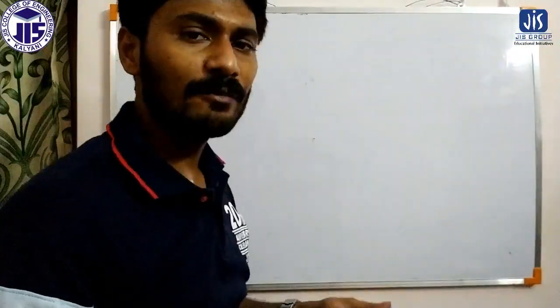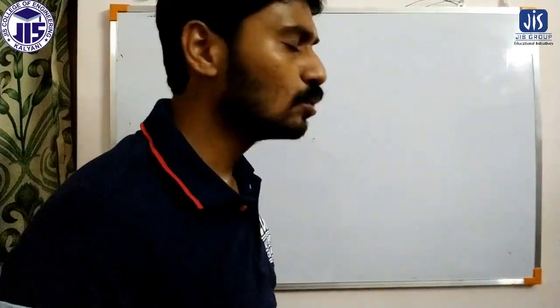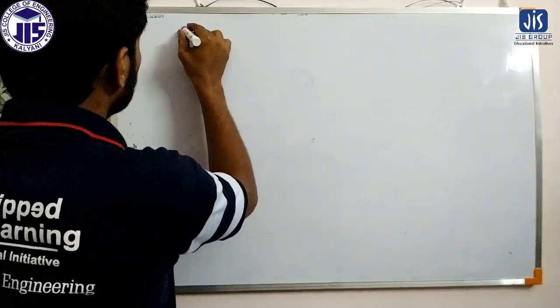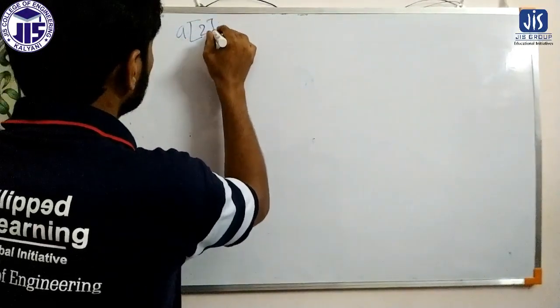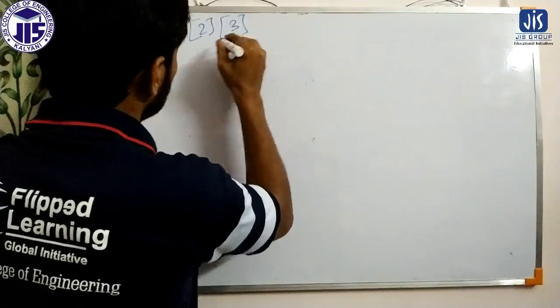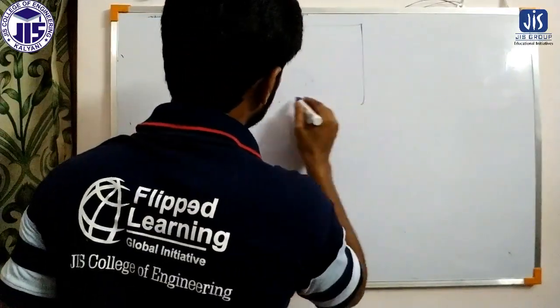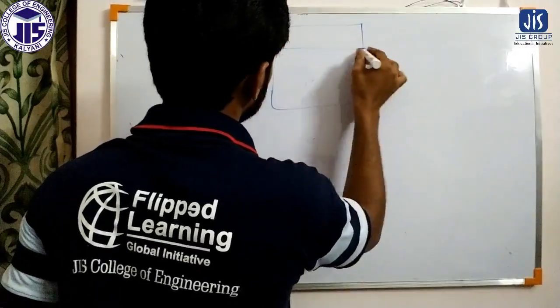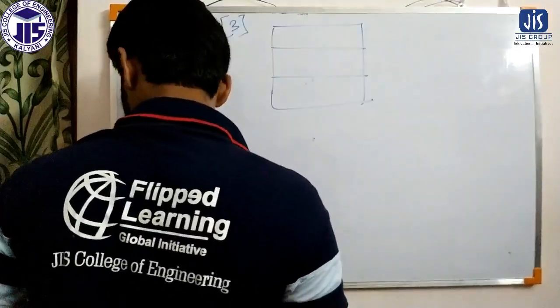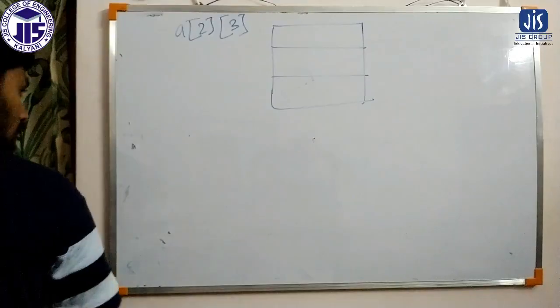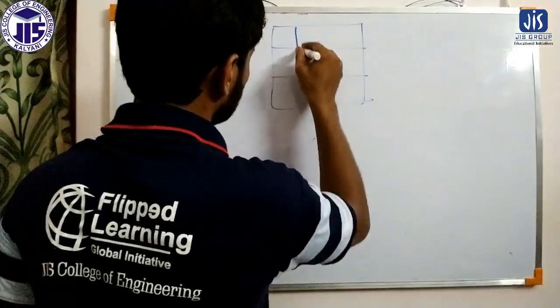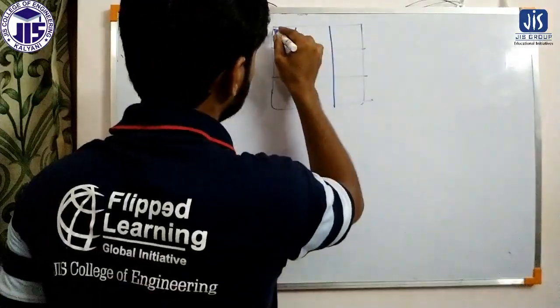So I am considering a very small 2 into 3 two-dimensional array, A. So we have 2 rows and 3 columns.